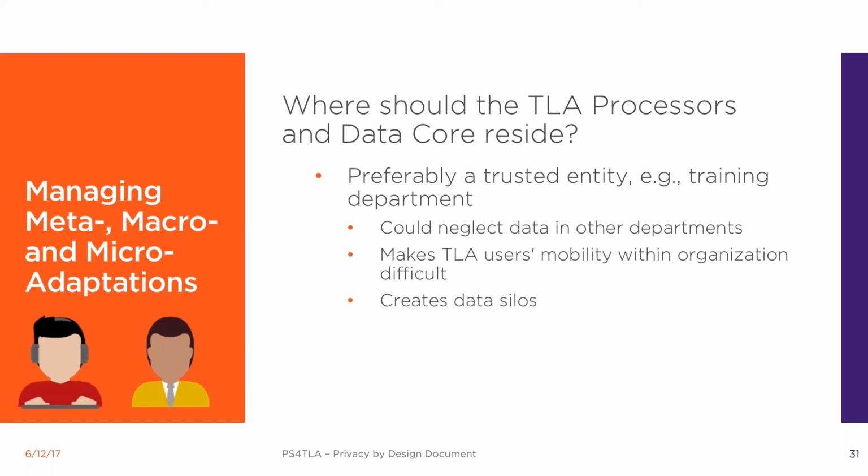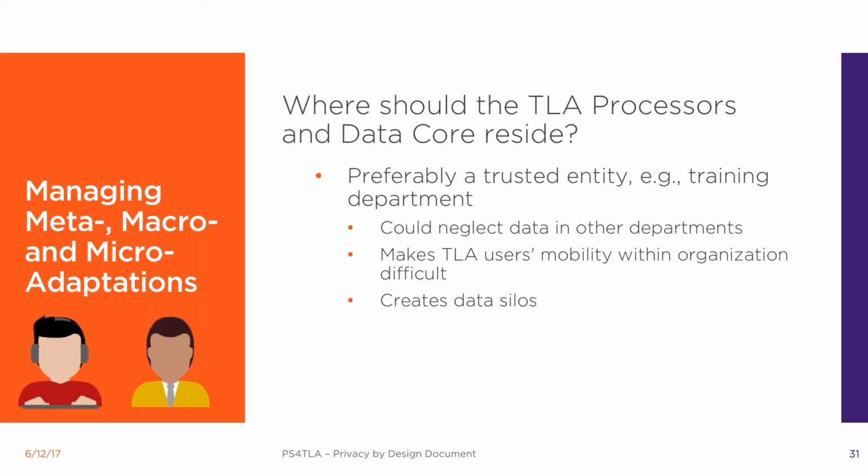This is an interesting problem where ideally, the architecture should be controlled by an entity that is trusted by all of its members. If you go to too high of a level, for example one for the entire army, that may result in some trust issues. So ideally, maybe something like one per training department would be good.